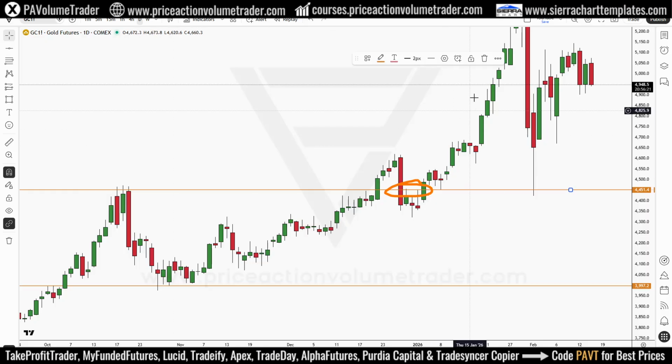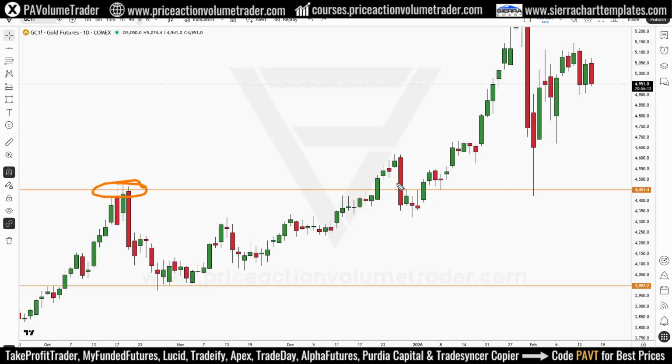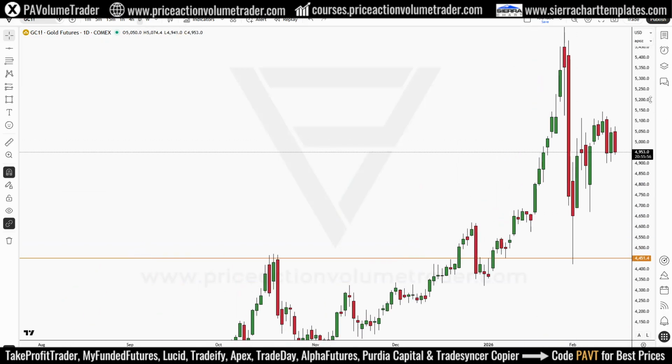So by moving this line down a few points, now I'm catching all these highs here. I'm almost catching here. I'm catching these two resistances, and then I'm catching the back test off of the breakout, and we got this one as well. Okay, so that is my logic for how I apply this.